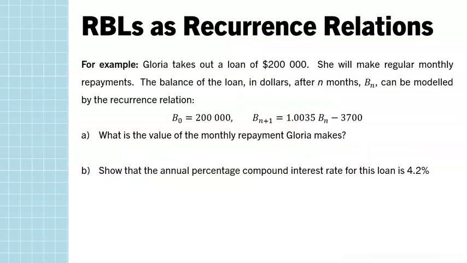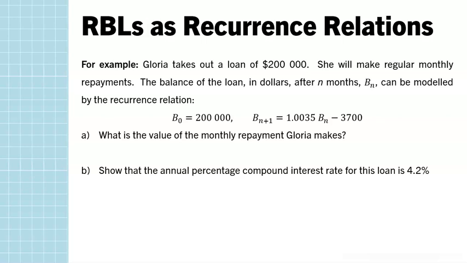More often, we're actually asked to take an existing recurrence relation and be able to interpret different parts of it. So here we have Gloria takes out a loan of $200,000. She will make regular monthly repayments. The balance of the loan in dollars after n months, Bn, can be modelled by the recurrence relation. So we have B0 equals 200,000, our initial value, and Bn plus 1 equals 1.0035 times Bn minus 3,700.